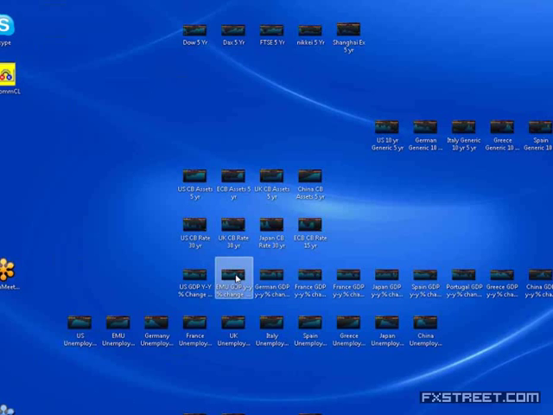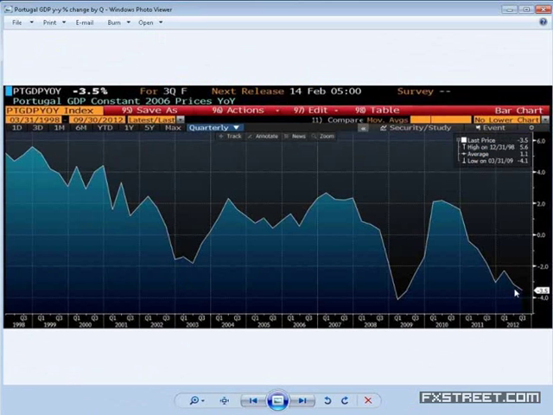After all, the Spanish economy is shrinking. The Greek economy is shrinking. Look at Portugal. The Portugal economy is shrinking. Look at this. The zero's up here.